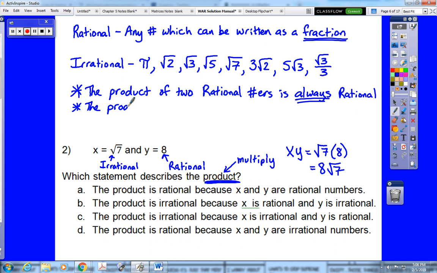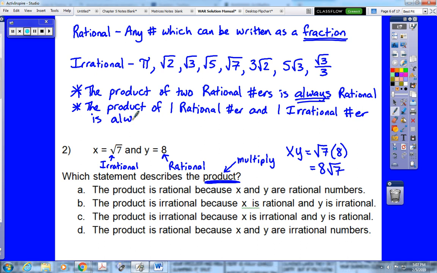The product of one rational number and one irrational number is always irrational.